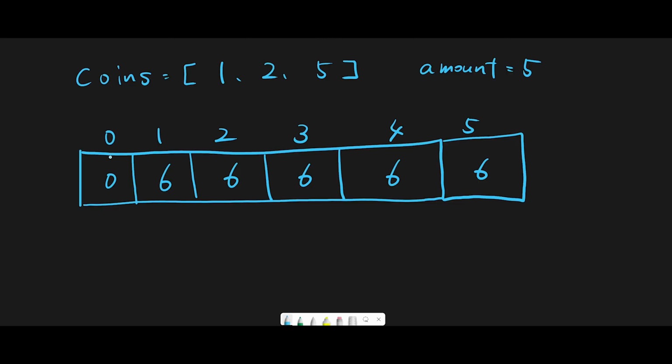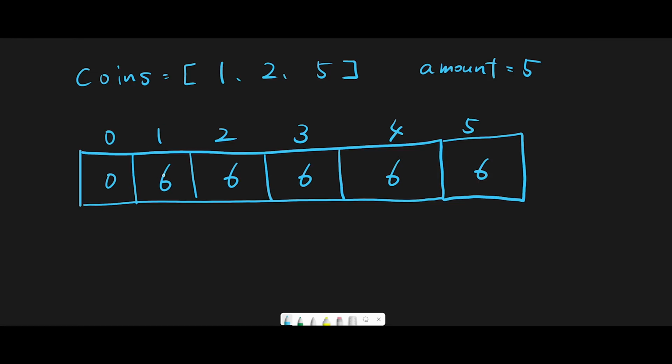How many coins do we use to make up amount 0? It's 0, right? So we don't need any coins to make up amount 0. So that's why total coins to make up amount 1 this time should be 0 plus 1, right? One coin 1. So we need 1 coin to make up amount 1 this time.